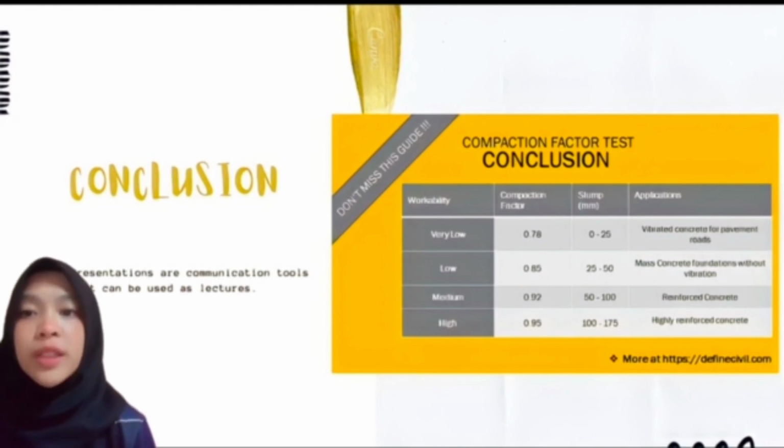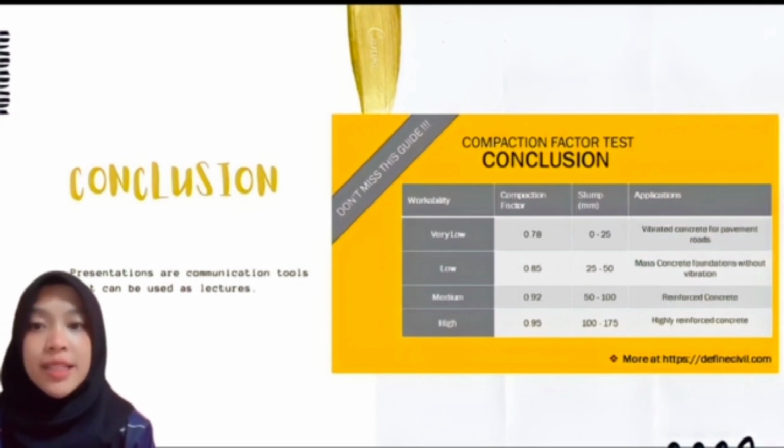Maximum size of aggregate will be 1.5. Test duration is 150 seconds from the commencement of the test. The sensitivity of the compaction factor is reduced outside the normal range of workability and is generally unsatisfactory for compaction factor greater than 0.92.